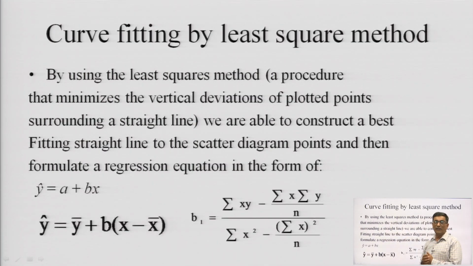Now, we find mathematically the regression equation by curve fitting using the least square method. What is curve fitting? Curve fitting is minimizing the distances between the points and the line.